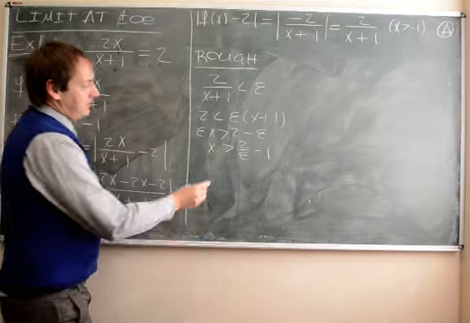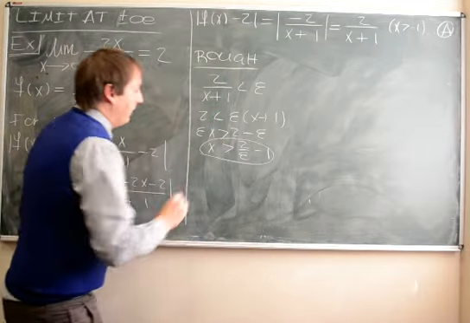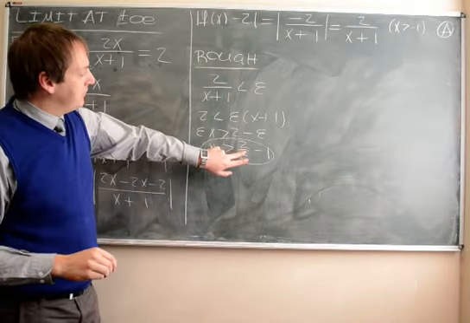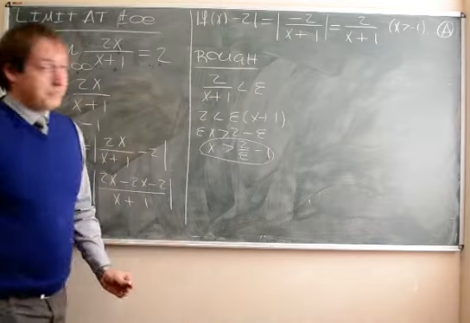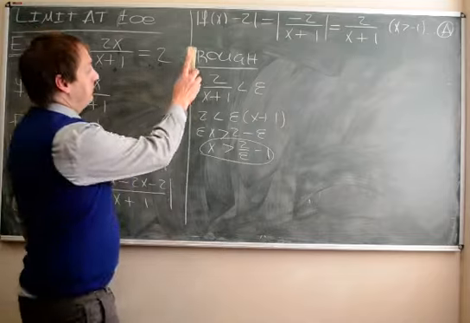So this is how we should pick our M: as 2 over epsilon minus 1. This was rough work, so we're not going to include this in our solution.